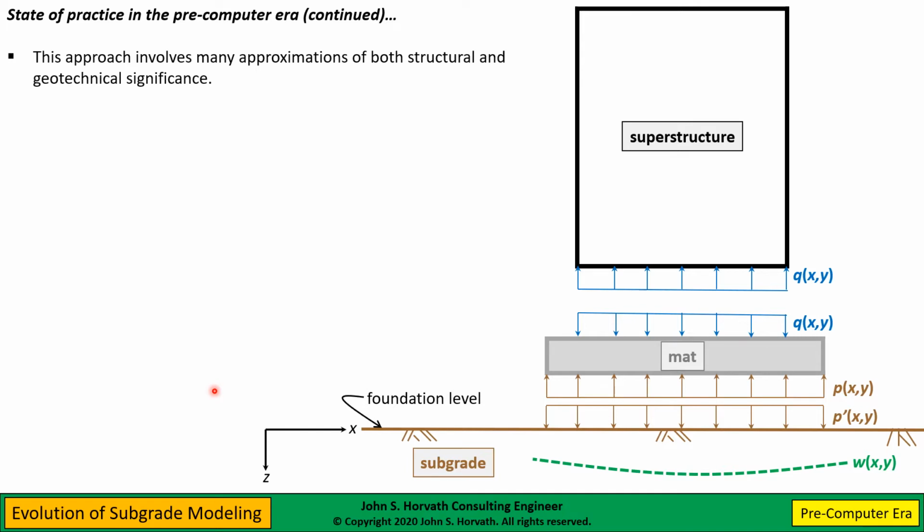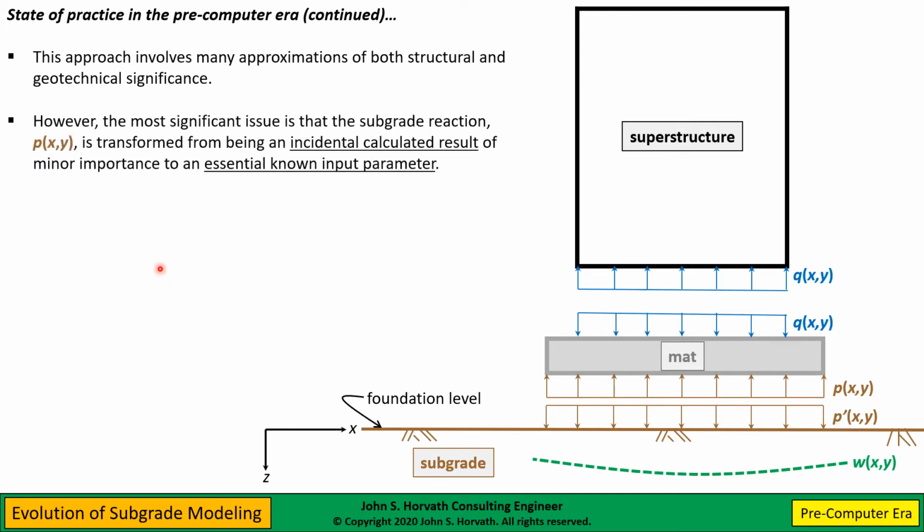Well, obviously, this approach involved many approximations. The most significant one, certainly from the viewpoint of this presentation, is that the subgrade reaction, which in an ideal analysis was simply one of countless calculated results, now has to be an essential known input parameter.